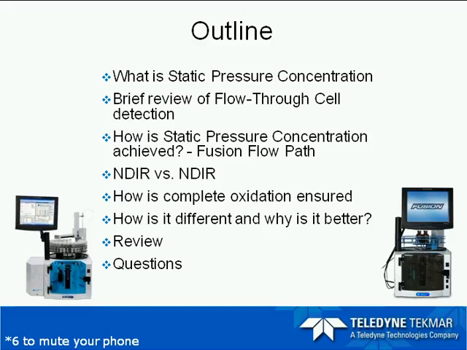Then I wanted to show you actually what's going on inside the detectors. So we'll contrast our previous technology with the Apollo 9000 and the Phoenix 8000, that is, which uses flow-through cell detector technology, and SPC, which is now, of course, in our Torch and Fusion.